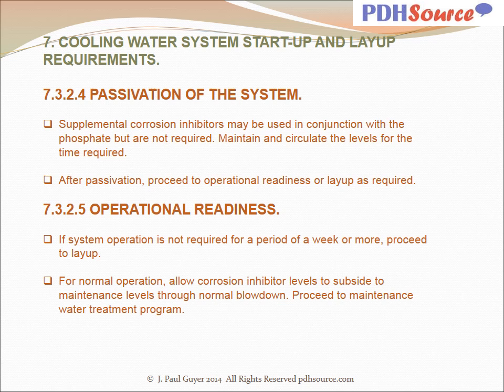Maintain and circulate the levels for the time required. After passivation, proceed to operational readiness or layup as required. Tables indicate chemical technology used for passivation. If system operation is not required for a period of a week or more, proceed to layup. For normal operation, allow corrosion inhibitor levels to subside to maintenance levels through normal blowdown.